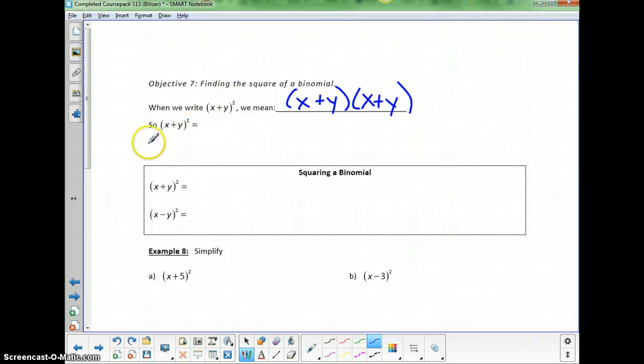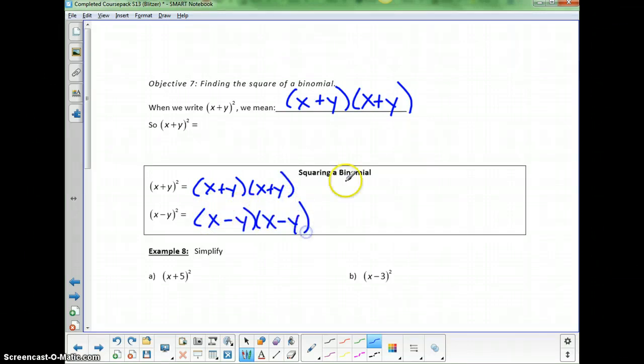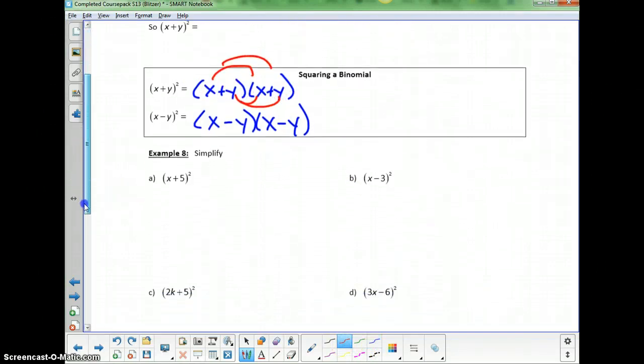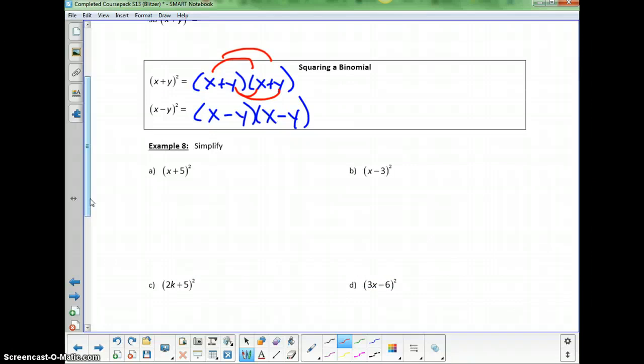So this is going to be x plus y times x plus y. And if it's minus, no big deal, it's just x minus y times x minus y. Then to simplify any of these, we're going to use the distributive process to multiply it all the way out. So let's look at a couple of examples.